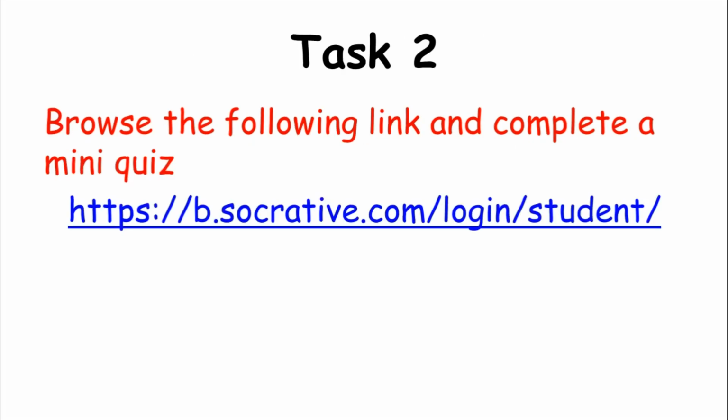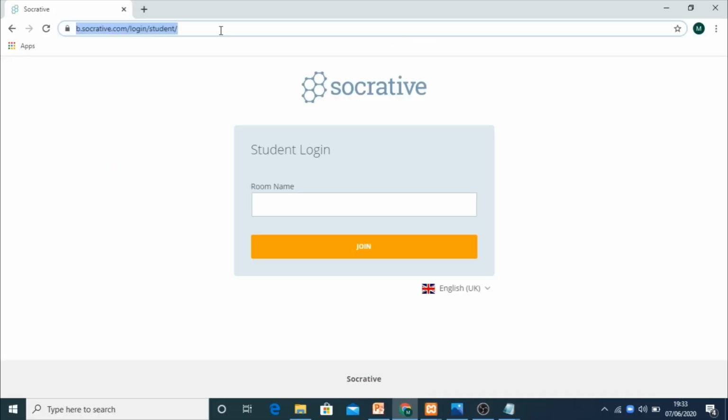If you complete task 1, now you're going to complete task 2. For task 2, you need to open any web browser, then you just put the link I have provided here, then it will come to this section of the page, which is the student login. For the student login, it's going to ask for the room name. You just put the room name. For example, if you are my year 8 YCS1 class student, you just put 8 YCS1.